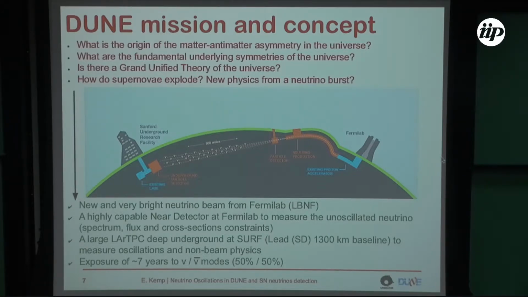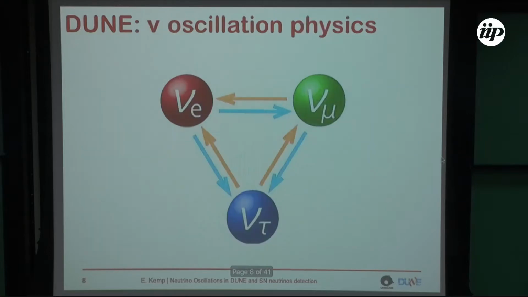So these are the key elements of the detector that was explained by Ettore.